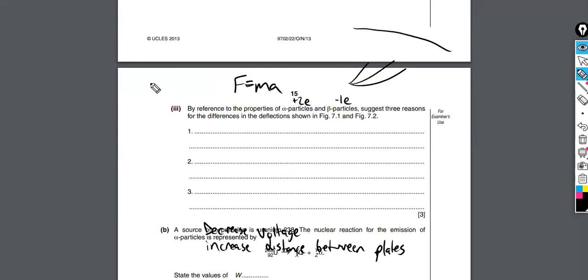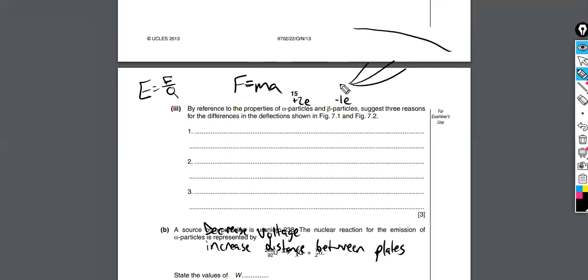As these charges go into an electric field, they feel a force per charge, so they get accelerated. When things feel a force, they get accelerated according to how much mass there is. So more massive, more inert things like alpha particles don't accelerate as much, which is why you see very little deflection, because it's got more inertia, more mass.